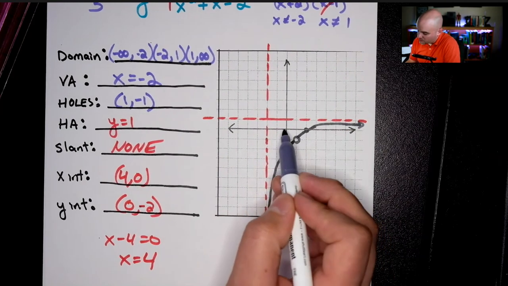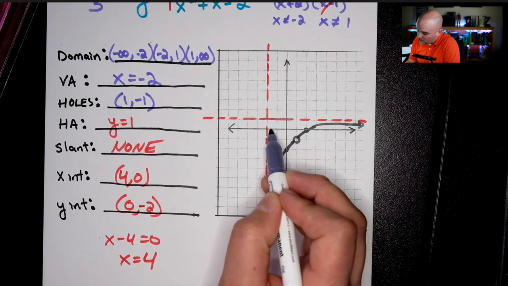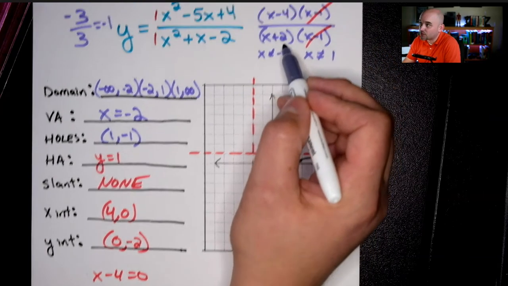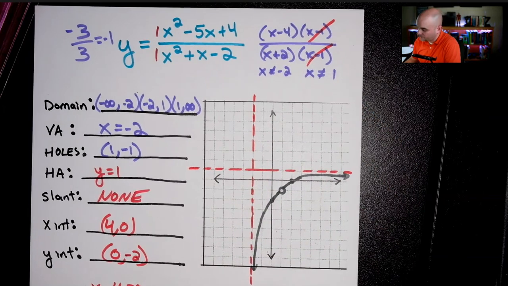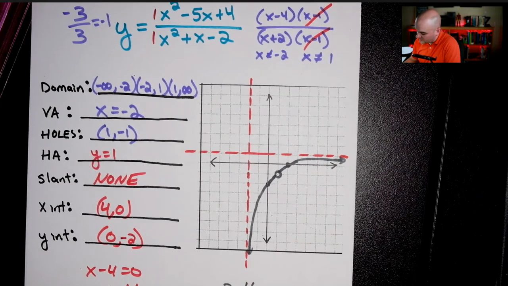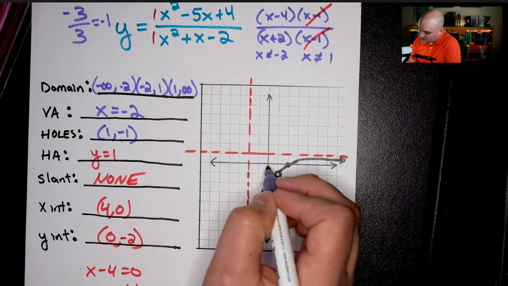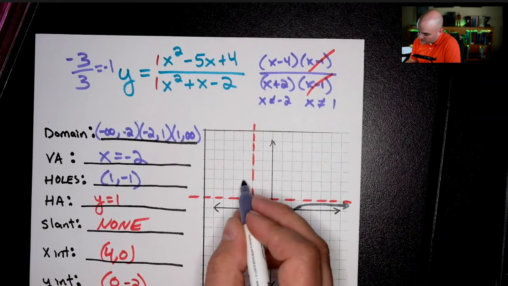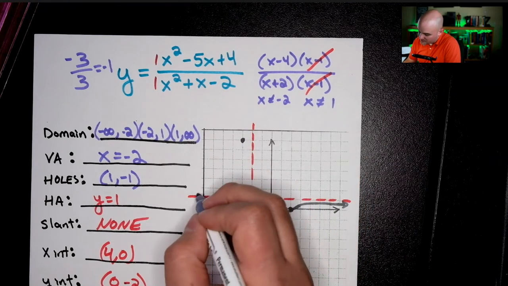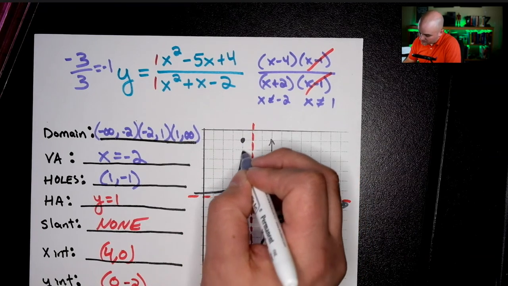Let's do a test point. So if we go 1, 2, 3, we'll do negative 3. Put negative 3 into the canceled out version. Negative 3 minus 4 divided by negative 3 plus 2 equals negative 7 over negative 1, which equals positive 7. So at negative 3, I'm at 1, 2, 3, 4, 5, 6, 7 right there. And that's how my curvy corner is going to go through like that.